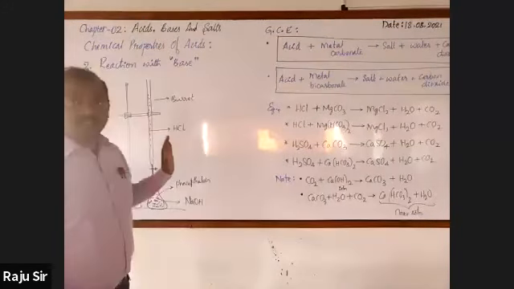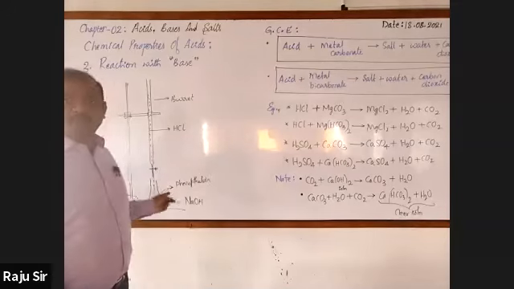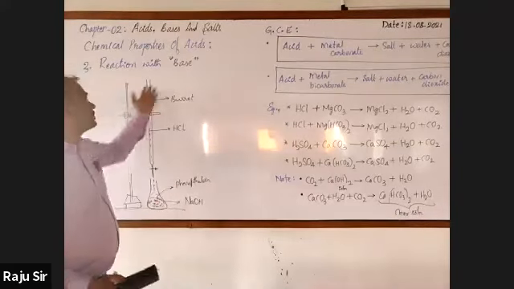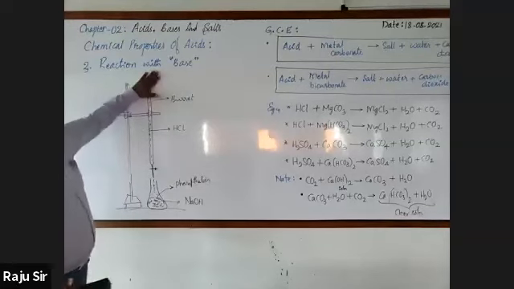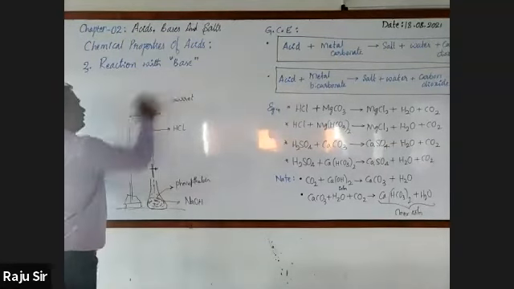So this experiment has not been given in the syllabus, I told this just for the sake of information. Hence, we will go for writing the general chemical equation directly.